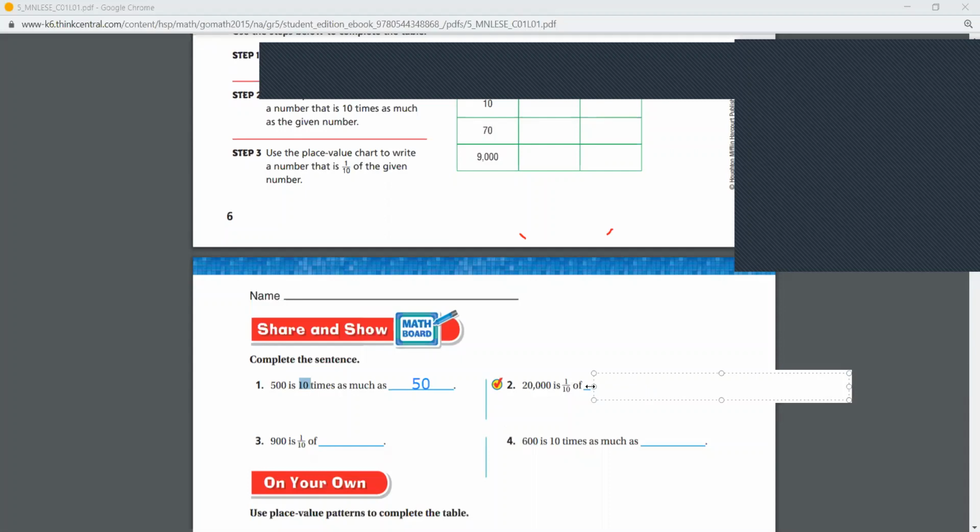Okay, when I say 1/10, how will you get 20,000? Girls, here this is the answer, not the question.